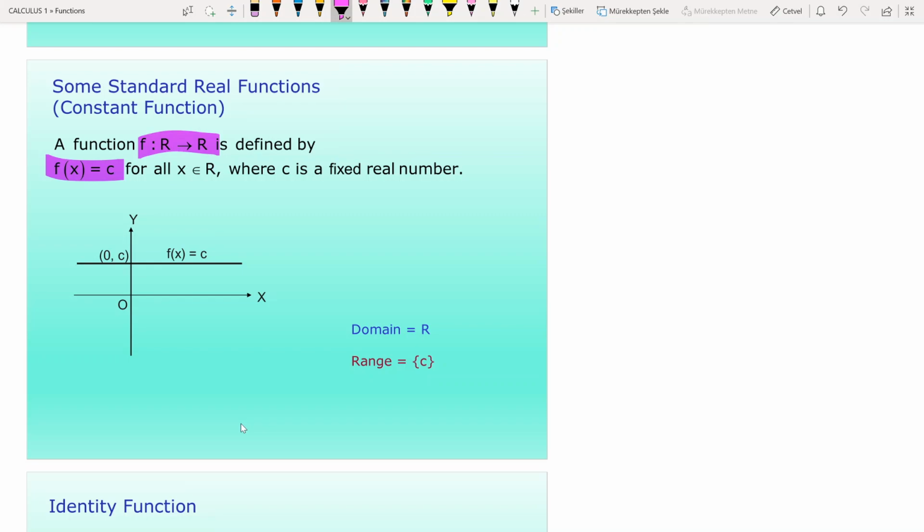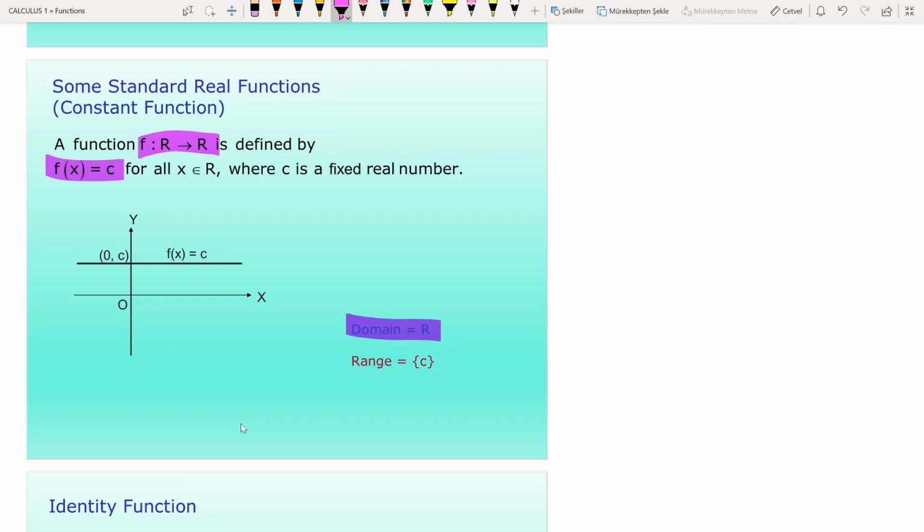The domain of f of x equals c is the real numbers. What does it mean? It means for each value of x, the function is defined. So the domain is the real line, the set of real numbers. What about the range?